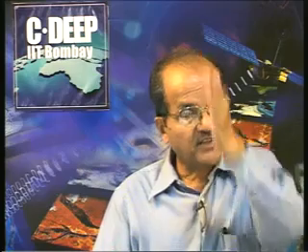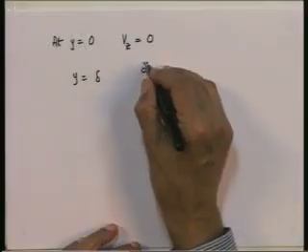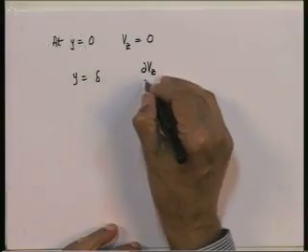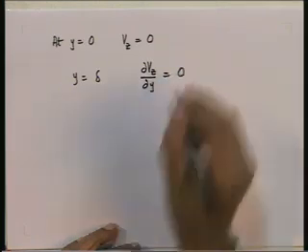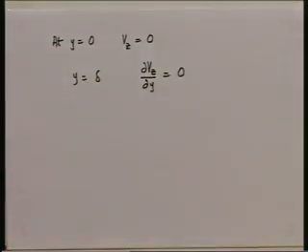So, if there is no shear stress being exerted at the liquid vapor interface, it follows by Stokes law that dvz dy must be equal to 0. So, these are my two boundary conditions, one at y is equal to 0 and one at y is equal to delta, which I put in.